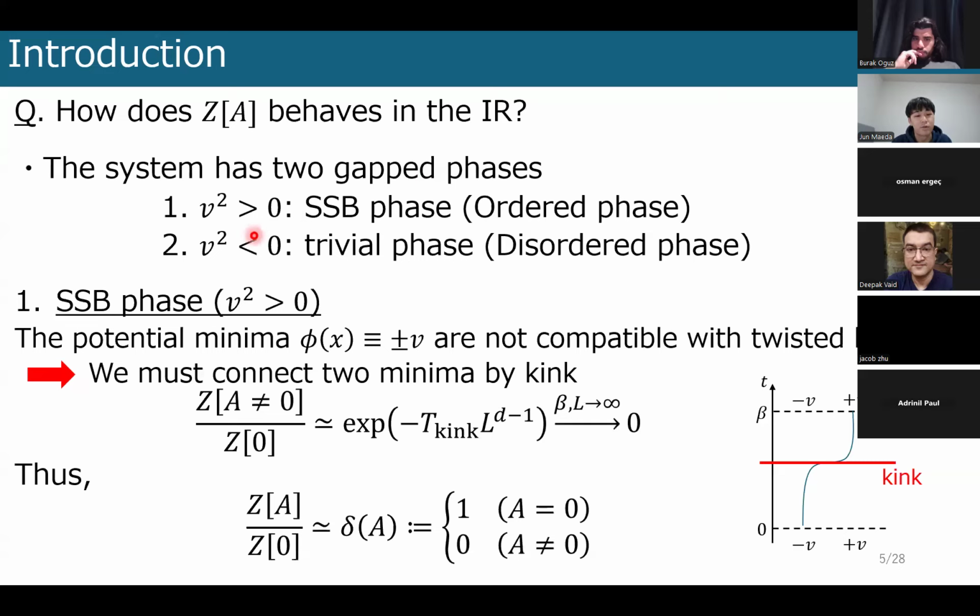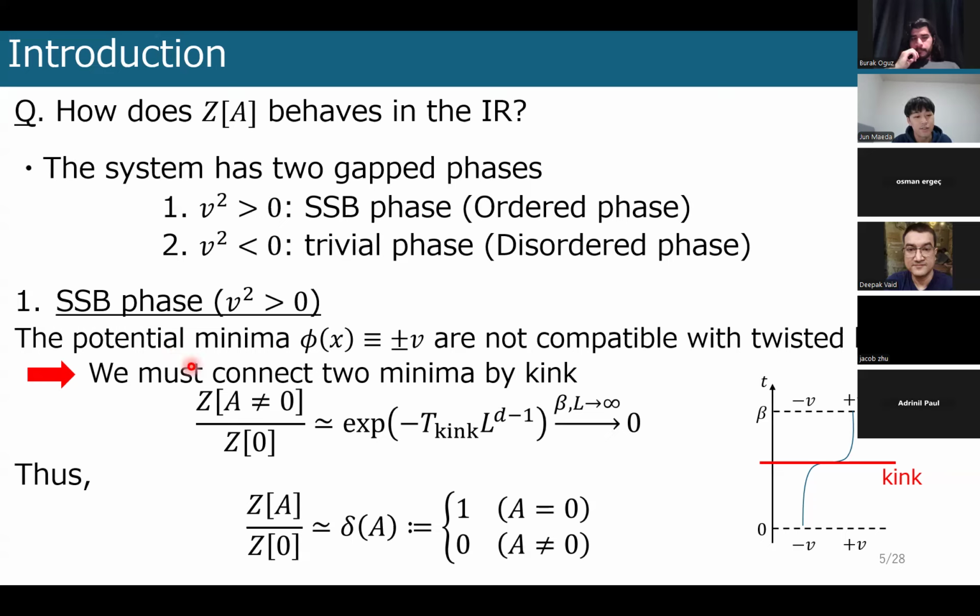One is for positive mass squared, where this system is in the SSB phase of this symmetry, while for negative mass squared, this system is in the trivial phase with a unique gapped vacuum. So the question is, how does the twisted partition function behave in each phase, SSB phase and trivial? First, we consider the SSB phase case.